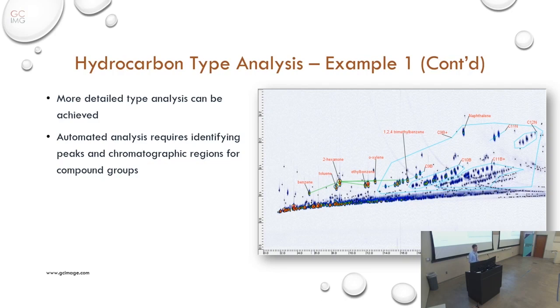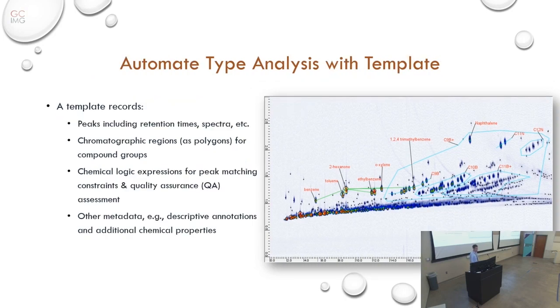But to perform this analysis in an automated way, we need some kind of tool to represent these different components of the peaks and regions. In the GC Image software, we refer to this as a template. A template allows the recording of peak locations by retention time, as well as any associated information, the spectra and so on.